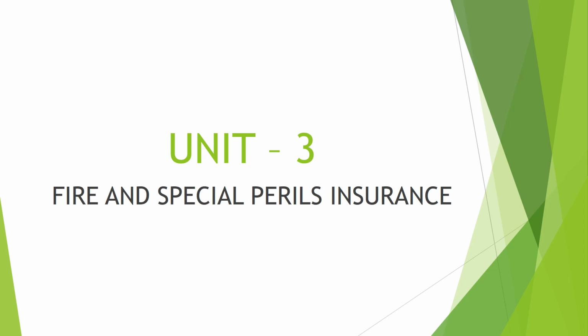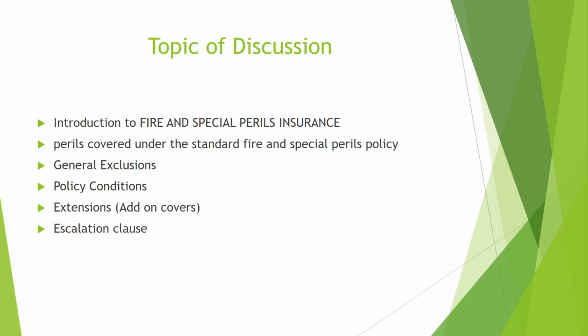So today we will talk about fire and some special perils which can be insured. Today's topics of discussion are introduction to fire and special perils insurance. Then we will see what perils we can cover under these policies. Then we will see some general exclusions.